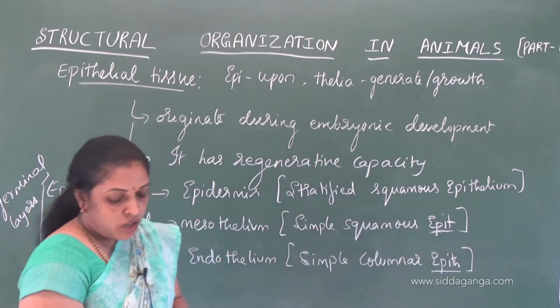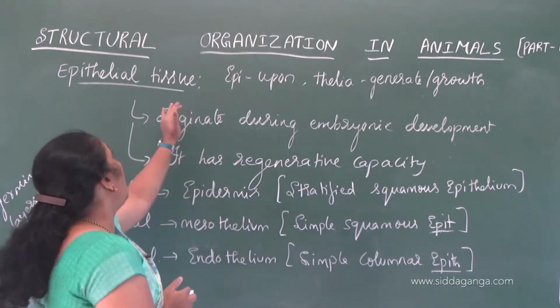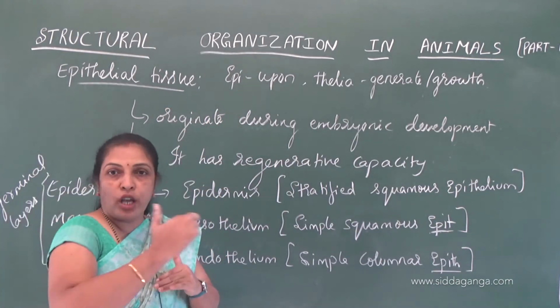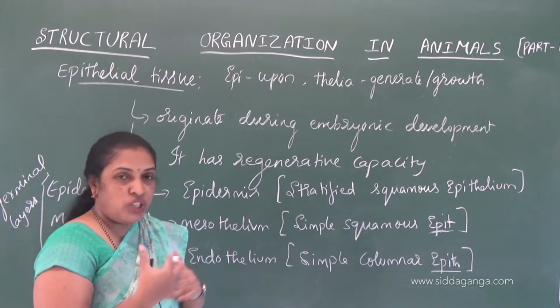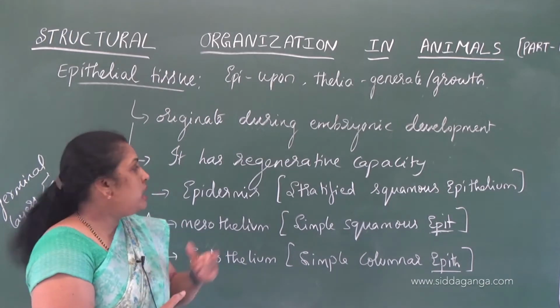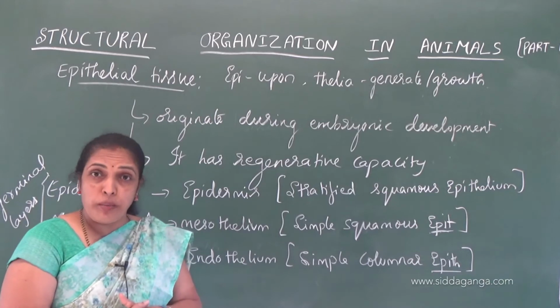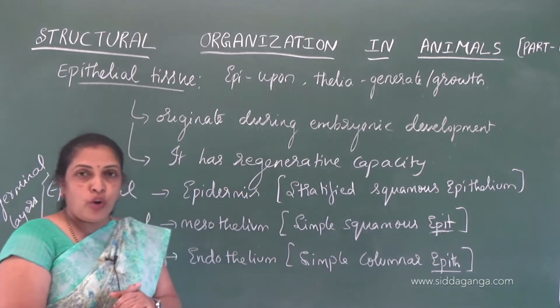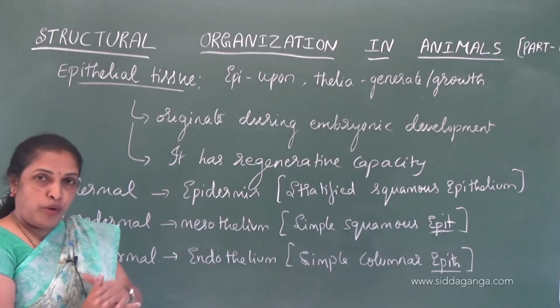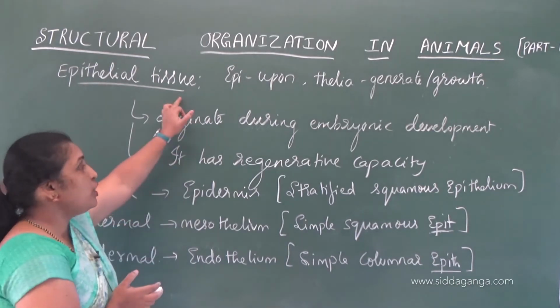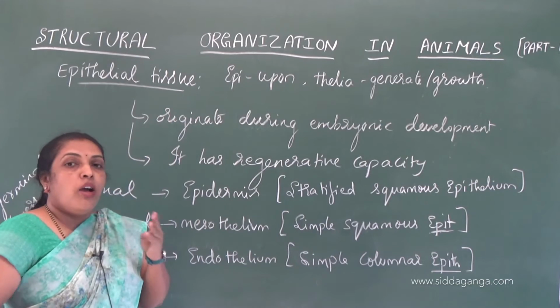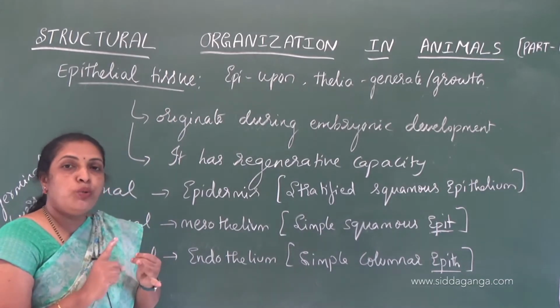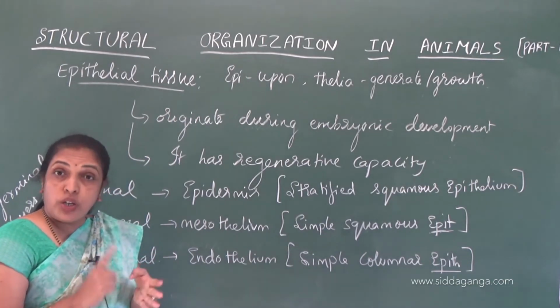Understood? So epithelial, epi means upon, thelia means generate or growth. So it is having a regenerative capacity. It is going to develop or originate during the embryonic period. We have epithelial tissue, muscular tissue, connective tissue, nervous tissue.